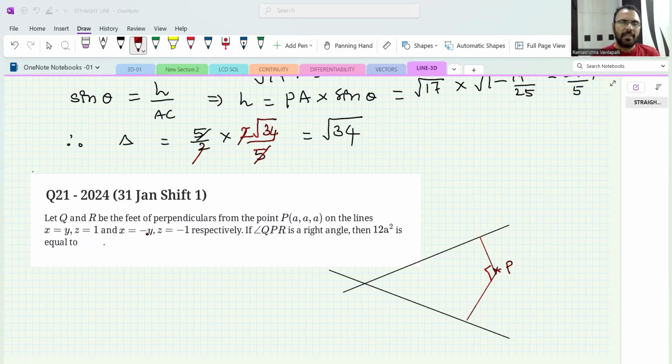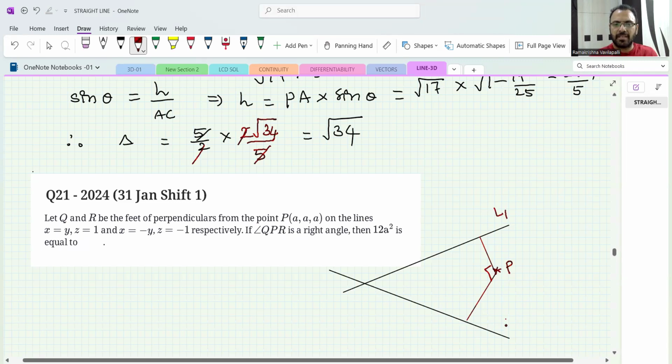Here Q and R are the feet of perpendiculars from the point P(a, a, 1) on the lines. Assume this is line 1 and this is line 2. Q on L1 and R on L2. What is line 1?